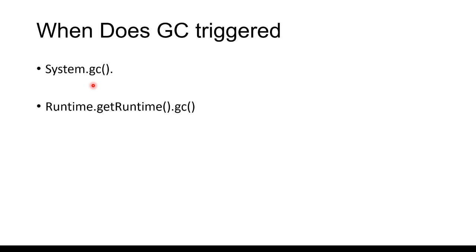When the JVM feels that memory is full, it will automatically trigger the GC and clean up the space. Even programmers can trigger this GC by writing code commands, like System.gc or Runtime.getRuntime().gc.